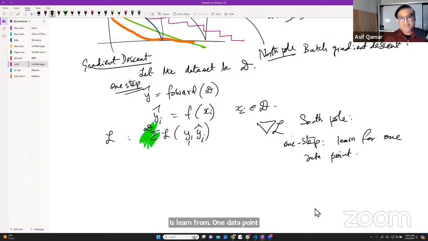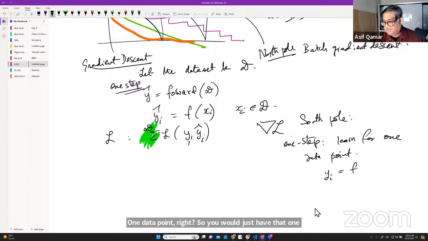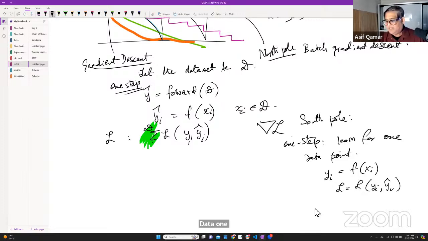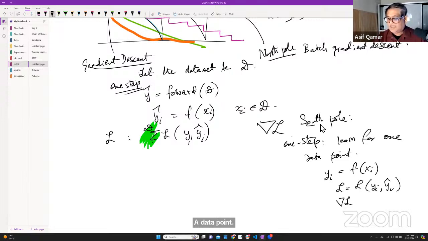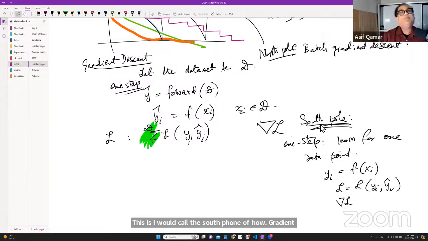You would just have that one data point, yi hat equal to f(xi), and there is no summation. Loss is just the loss on that particular data point. You compute that, and you take the gradient of this loss on the single data point, right? Are we together? Now, this is, I would call, the South Pole of how gradient descents work.